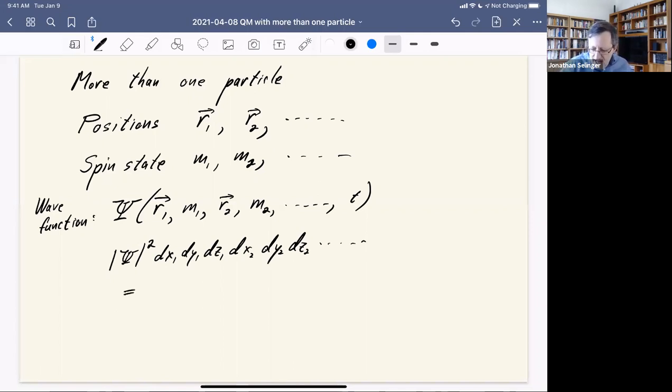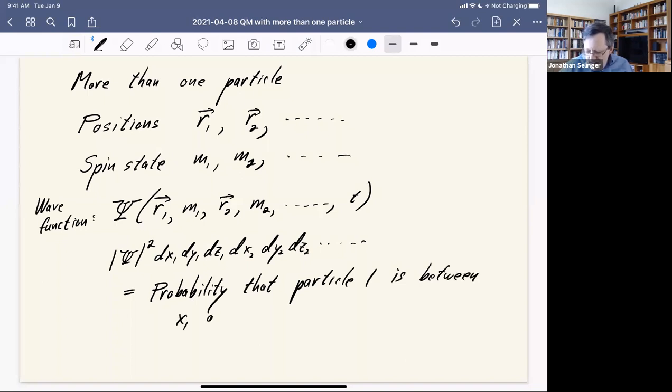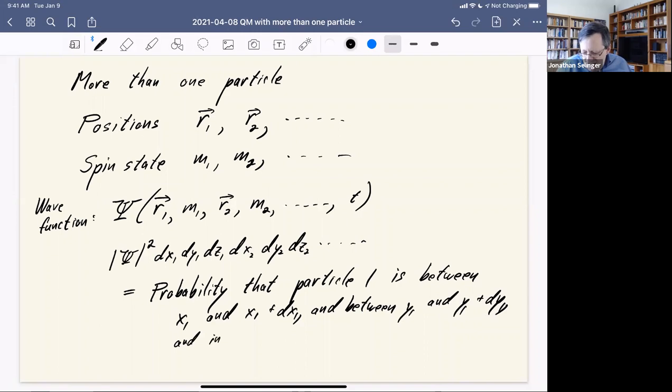And that is the probability that particle 1 is between x1 and x1 plus dx1, and between y1 and y1 plus dy1, and z1 and z1 plus dz1, dot, dot, dot, and in spin state M1. So all of that writing is for particle 1.